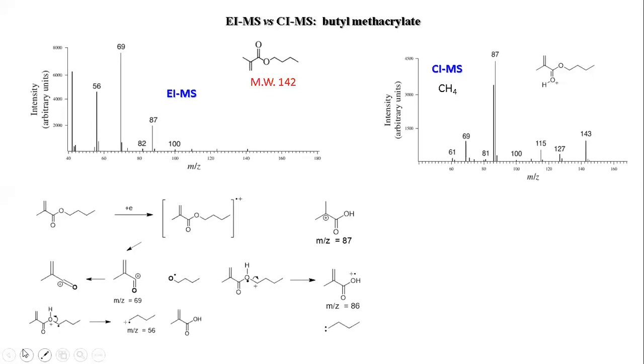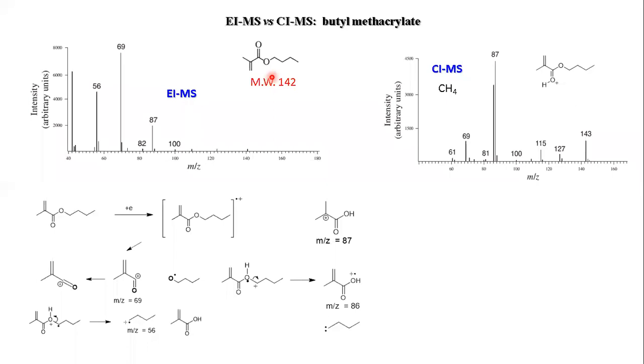In CIMS, chemical ionization mass spectrum of this molecule, suppose you are using methane. So who can tell what you are expecting here? If you use methane and this molecule, what will be the condition of their proton affinity?